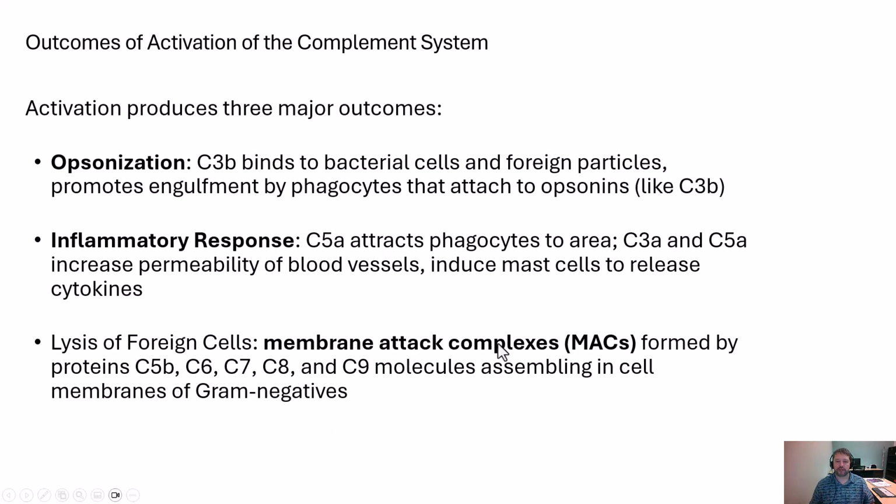Okay, and we call that a MAC attack, or membrane attack complex. So we normally call that MACs, or some people call it MAC attack, and that's to lyse the membrane, and that's normally induced by an antigen-antibody relationship. Okay.